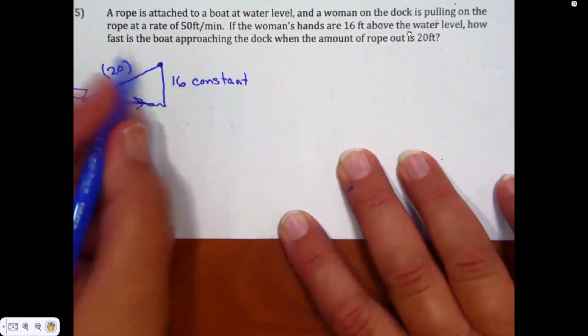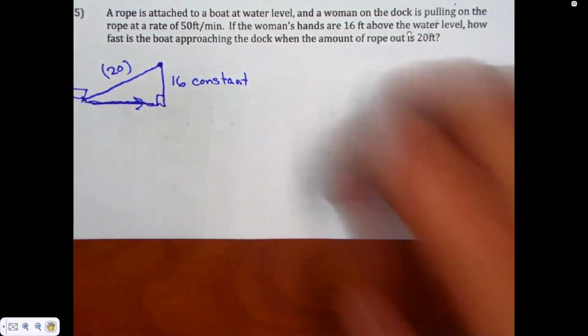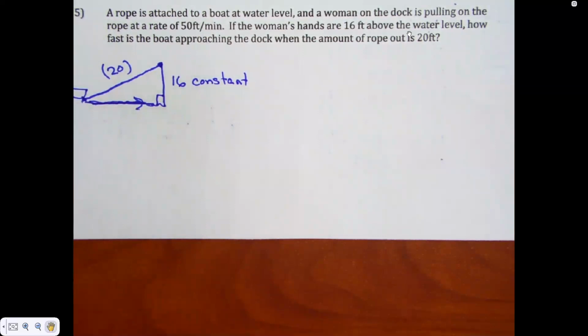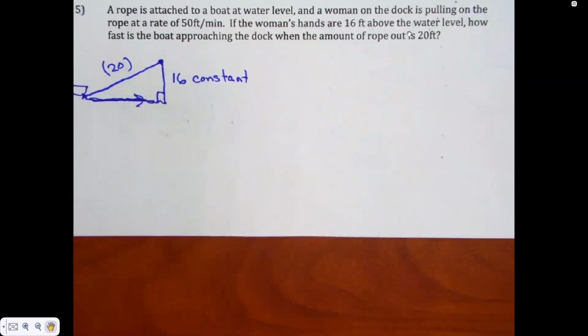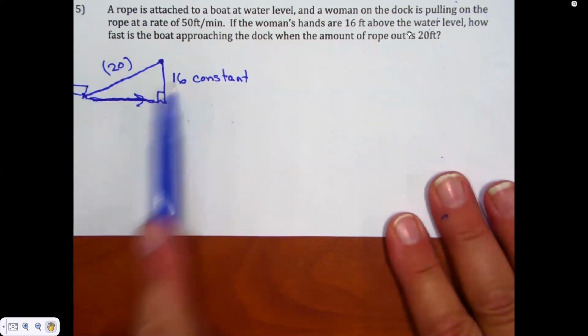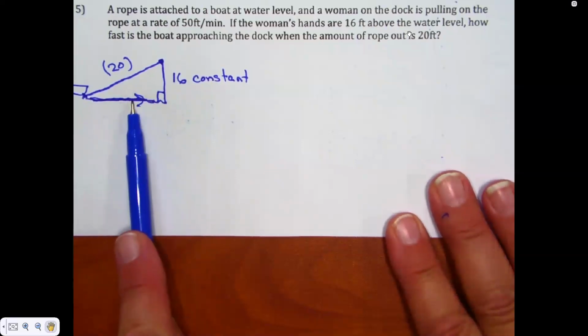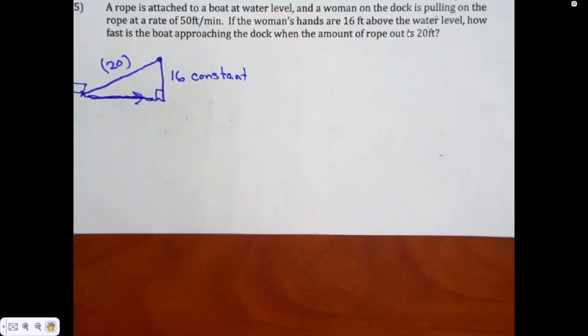Hopefully, if they built the dock correctly, this is a right angle. So what would involve the three sides of a right triangle? A squared plus B squared equals C squared. That's the relationship. We're trying to tie in the three sides. And I know this one's kind of hidden too, but eventually we're going to find that one.